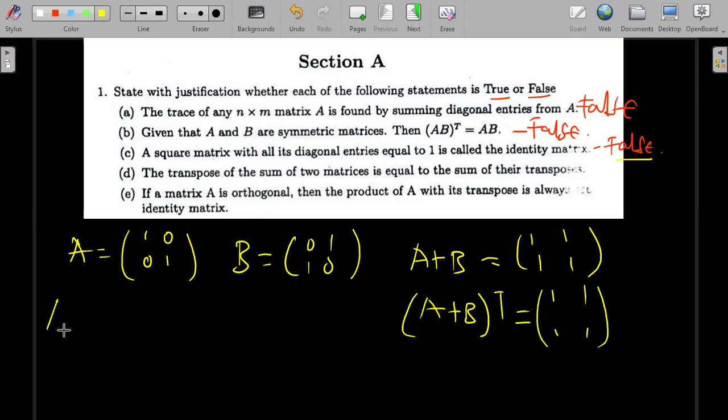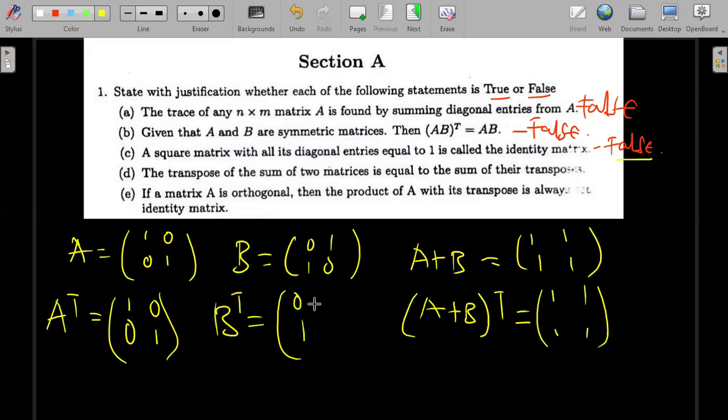What if we find A transpose first? A transpose here will be 1, 0, and then 0, 1. This one becomes the first column, this one becomes the second column. So this is our A transpose, and then our B transpose will be 0, 1, and then 1, 0.